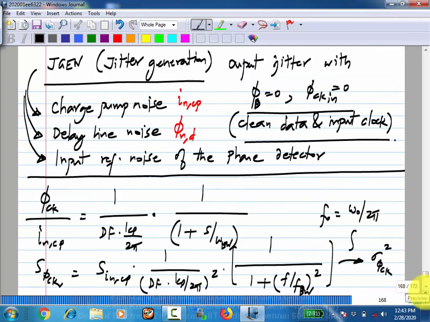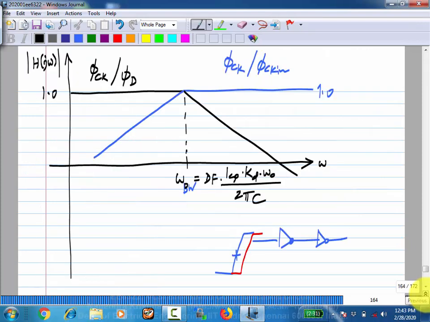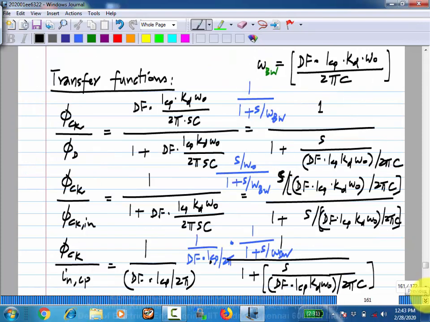I don't know if I wrote it today, but we have it from the previous one. And the bandwidth only depends on the ratio ICP by C. You can use a small ICP and small C, or a large ICP and large C.